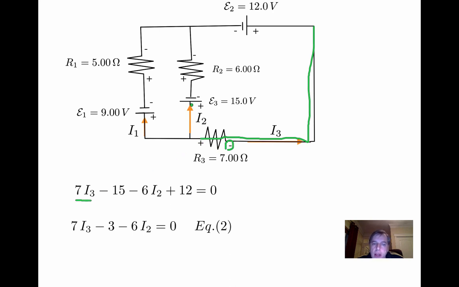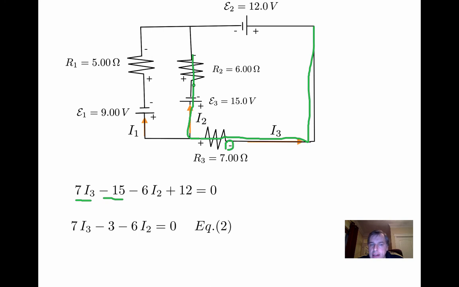I go here, the potential decreases by 15 volts, so I get minus 15 volts. Then I go through this resistor, the potential decreases, so the voltage is negative and equal to minus 6 ohms times I2, because I2 is the current going here.